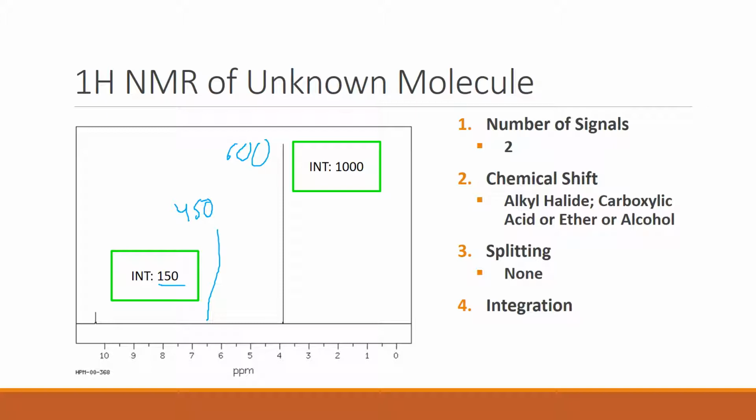It's very cool. So you're basically going to take the smallest one, and you're going to divide each of these, including itself, by that number to kind of figure out the ratio. So 150 over 150 equals 1, 450 over 150 equals 3, 600 over 150 would equal 4, and basically that would tell you the ratio that the hydrogens in this environment, there's going to be one of them for every 3 of these, and one of these for every 4 in these. Okay?